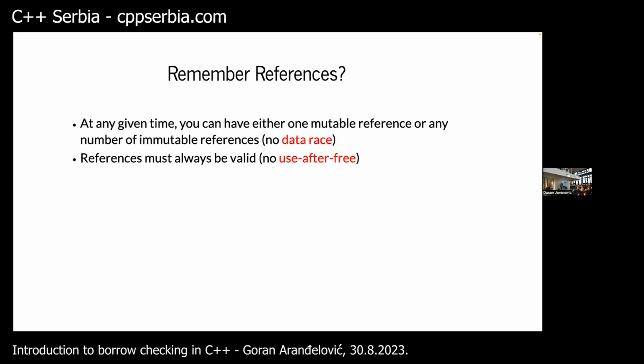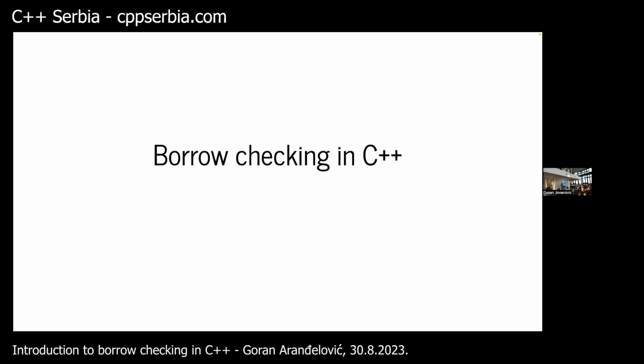As you will see later, a lot of big companies that are using C++ identified that most memory errors are use after free, and maybe memory leaks or something like that. So most crashes happen when you have use after free. These constraints prevent data races and use after free, which is very important.